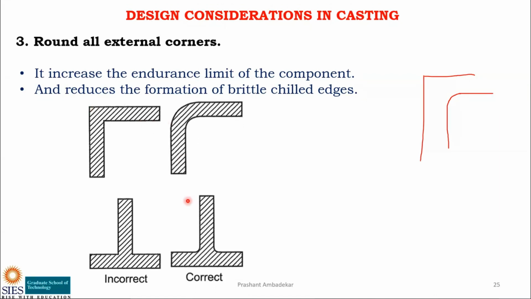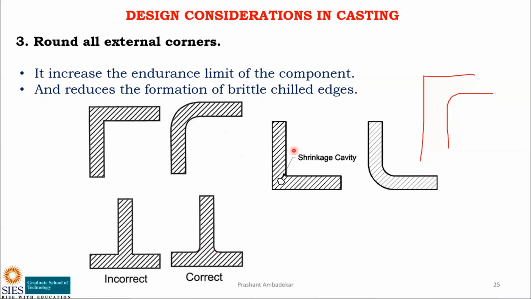What is another way? One way to overcome this is to provide a round or fillet here. In this case also, and here also you can see a round or fillet is provided. See now, when the material is poured, what will happen in this case? It will go and this entire thing will fill.